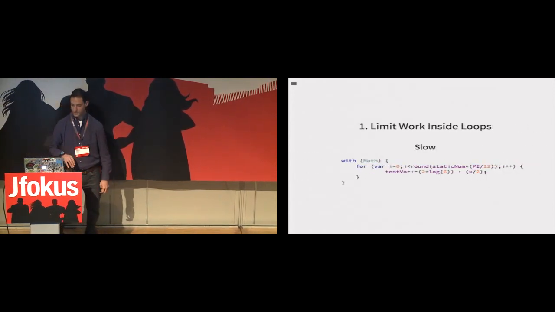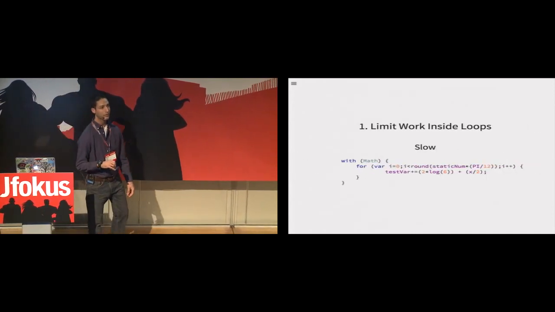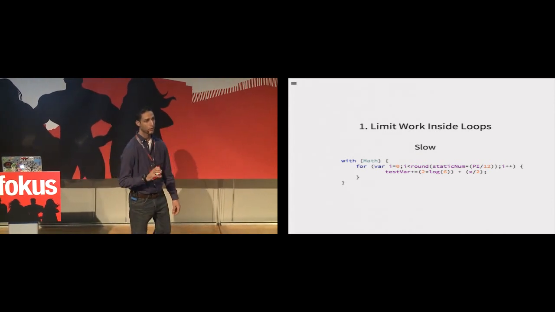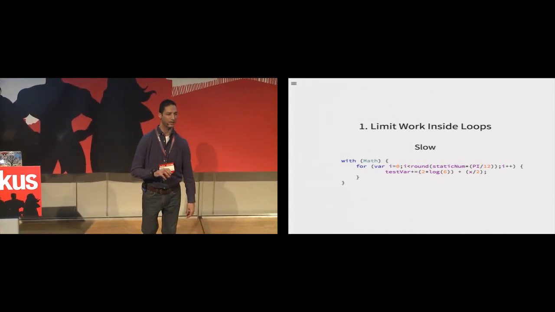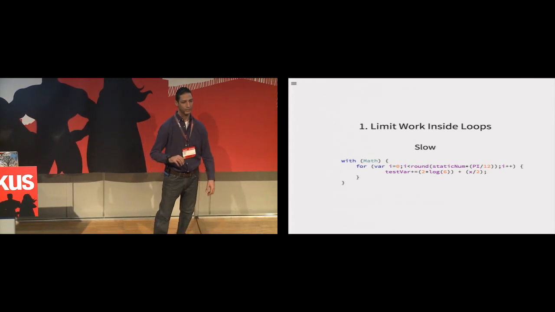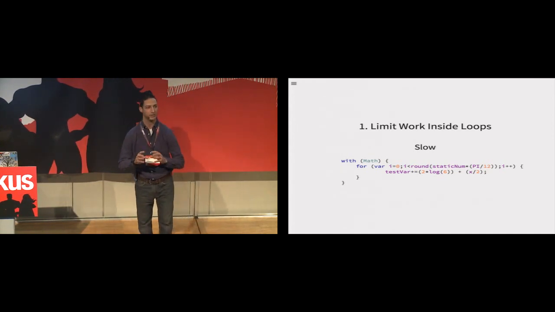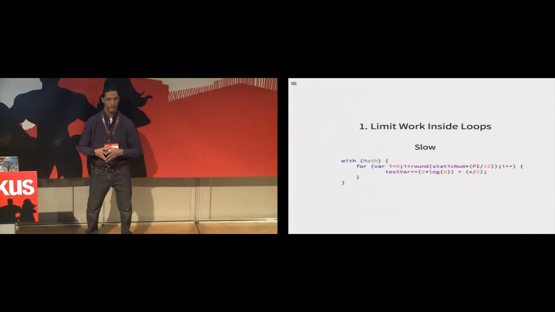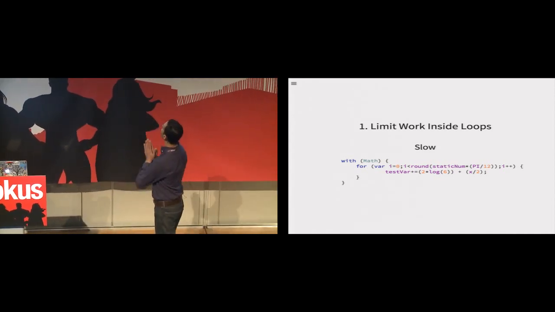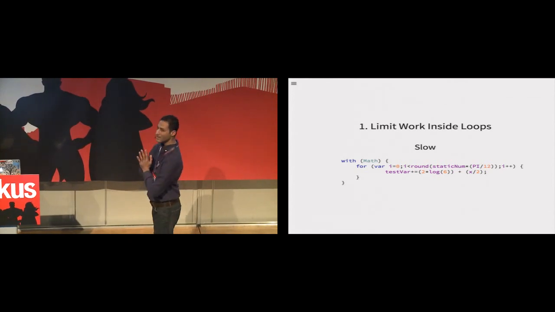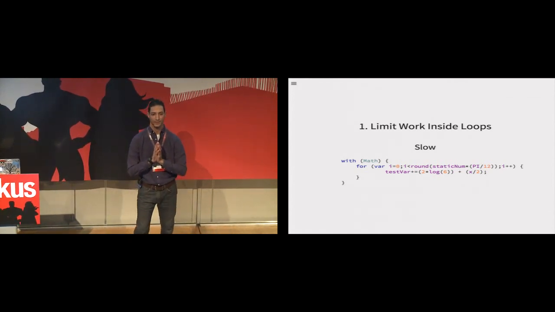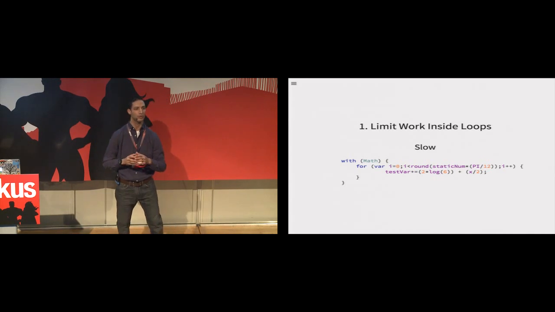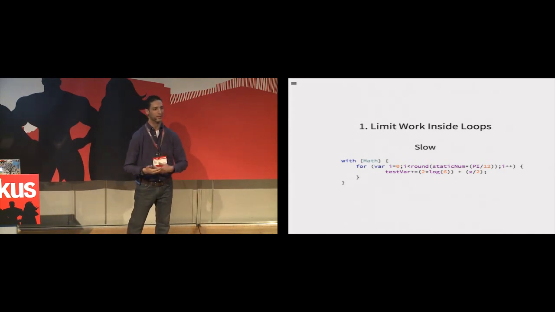Something like this is very slow. You have to limit your work inside any for loop or any loop. Try to move any function overhead outside the loop. How can we improve this? Anything that is constant, you have to remove outside. Why are you doing this again and again inside the for loop?